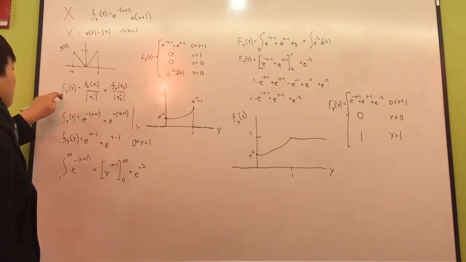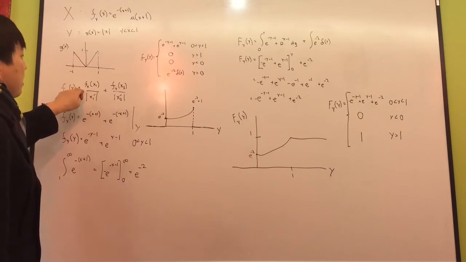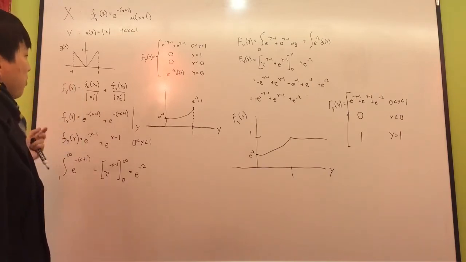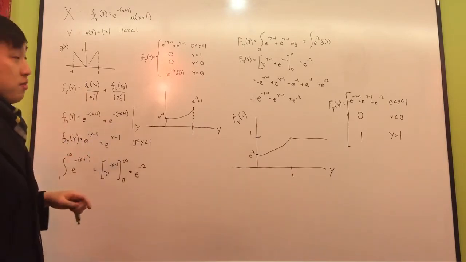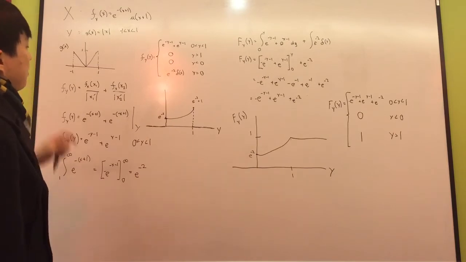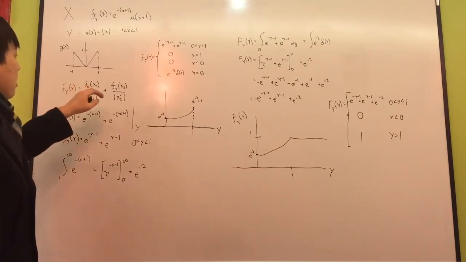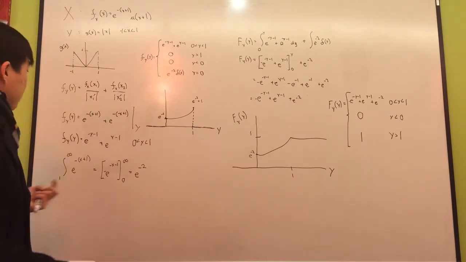So small f of y now becomes equal to small f of x of x1 divided by the absolute value of x1 prime, plus f of x of x2 divided by the absolute value of x2 prime. Like I said before, x1 and x2 are equal to positive and negative x.